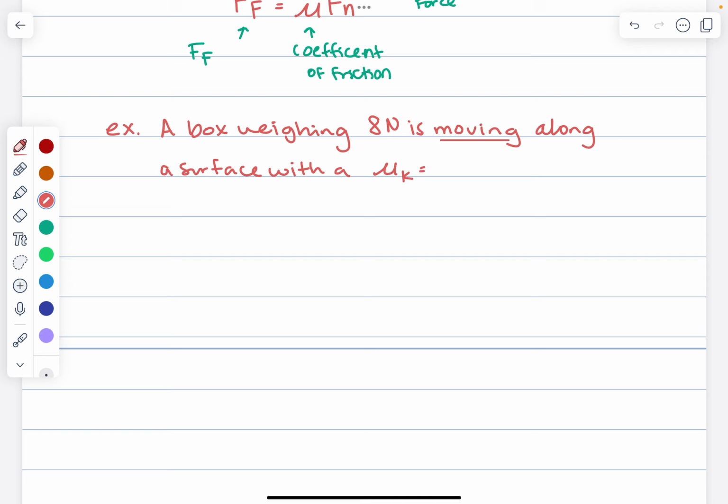Kinetic friction. We put a little subscript down there to determine whether it's the coefficient of kinetic or static friction. One of them is larger than the other. I'll tell you in a second, but see if you can guess. The coefficient of kinetic friction of 1.2. What is the friction force?